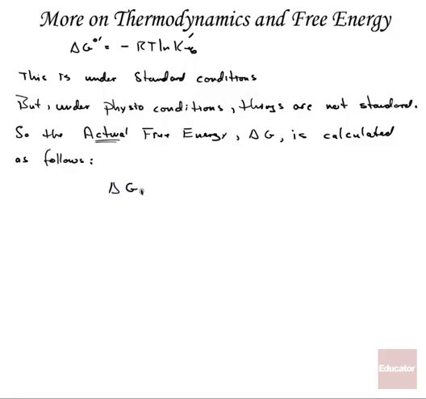So delta G equals delta G standard plus RT ln Q. Now notice, this is RT ln Q, not KEQ, because now we're talking about a situation that is not at equilibrium. The equation up here expresses a relationship between the equilibrium constant and the standard free energy change.